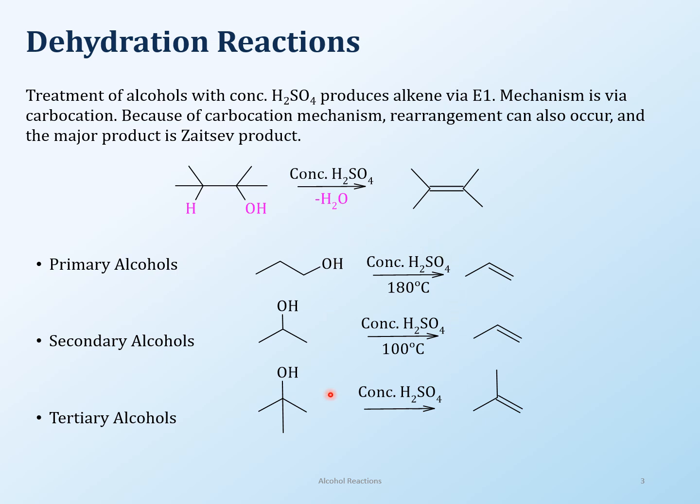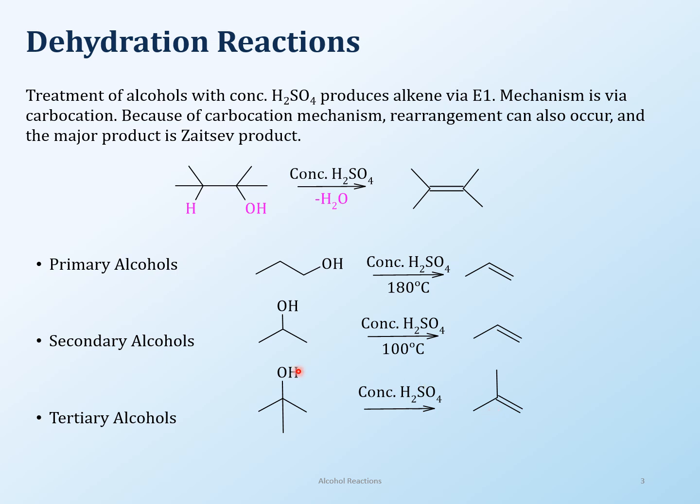Looking at the conditions, which is the most stressful condition? You don't have to think too hard for this one. The most stressful condition is the one at higher temperature, because you have the concentrated sulfuric acid, and on top of that you have high temperature. So this is the easiest condition that we have, where you take an alcohol and add a little sulfuric acid and you get your alkene.